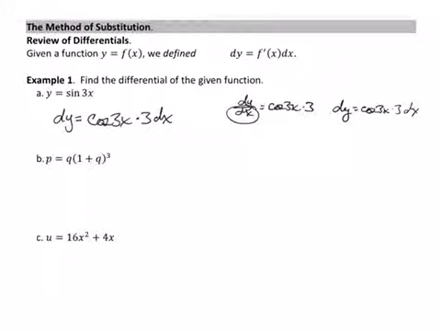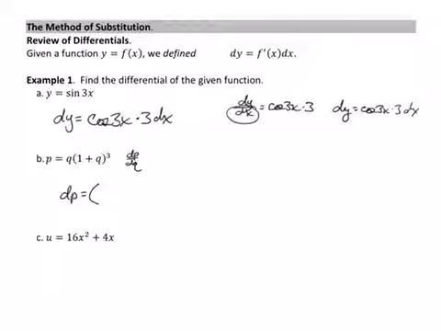Okay, so for the next one, same sort of business. If I were thinking about the derivative, it would be dp dq. So what I'm looking for is dp. We're going to find the derivative of this quantity and then multiply that derivative by dq. So the derivative I know is actually going to be a rather complex thing, so I'm going to start a parenthesis. The reason that I know it's complex is because here I have q times the quantity 1 plus q cubed. Since it's q times that, we're going to use the product rule.